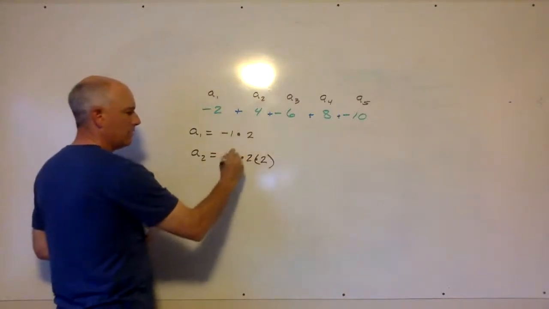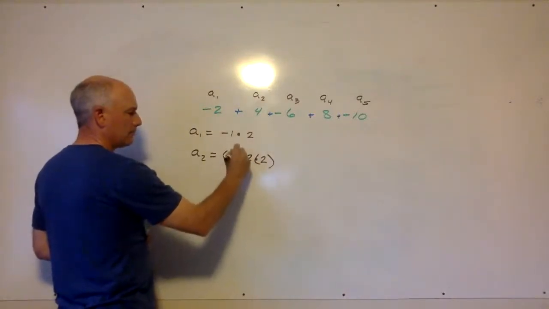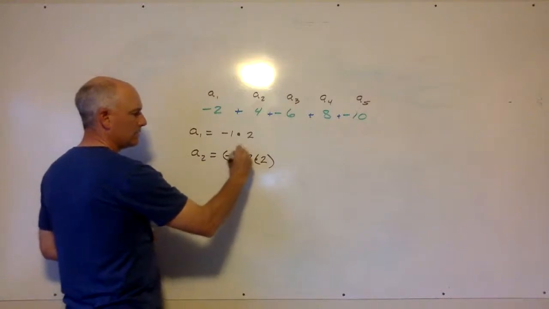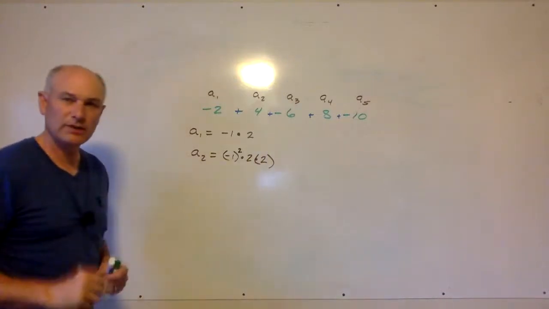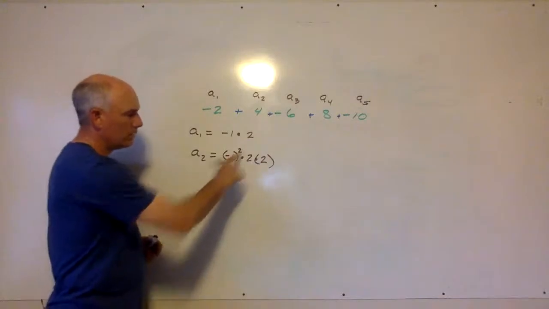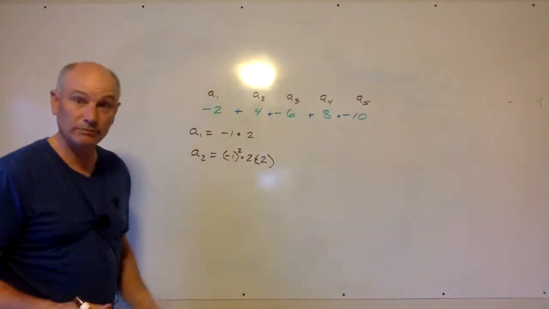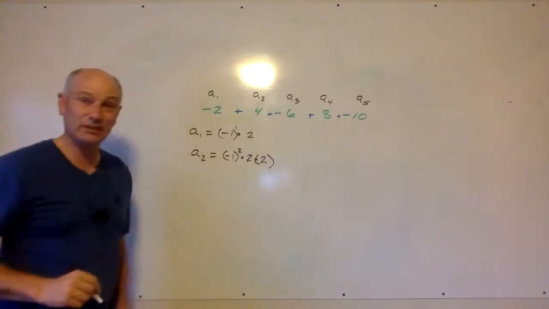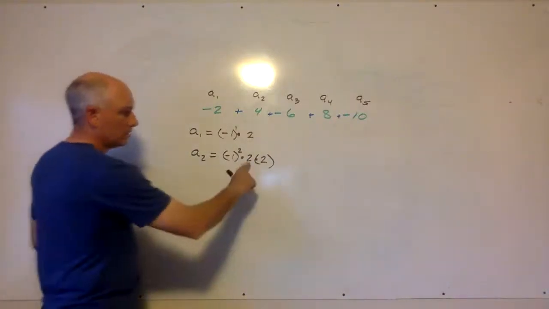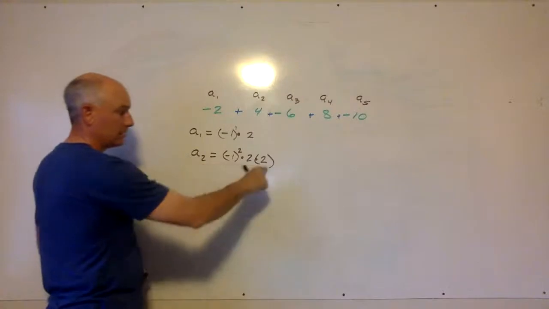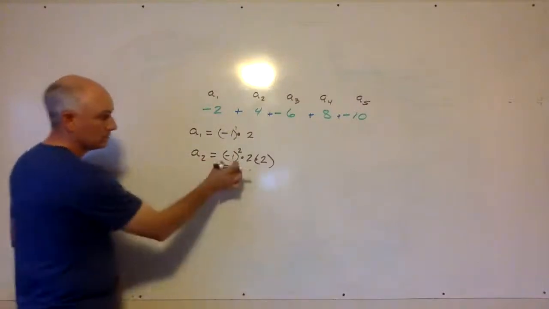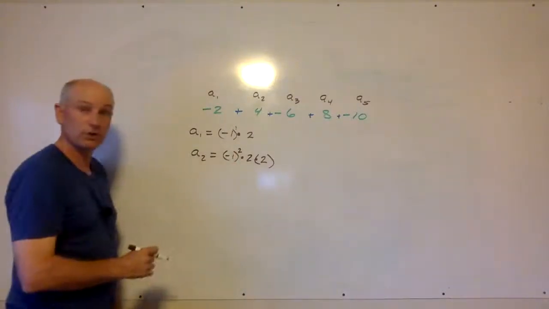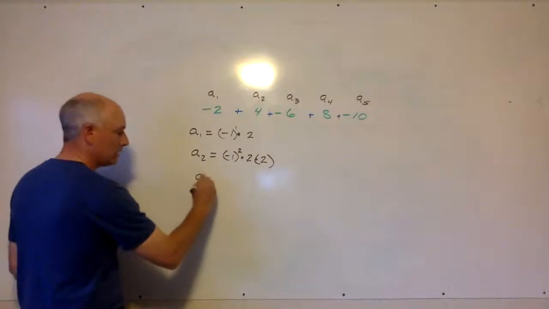But that negative 1 would have to be to a second power. Now think about it for a second. Negative 1 to a second power is going to be positive 1. Negative 1 to a first power is negative 1. 2 times 2, second term, positive 4.